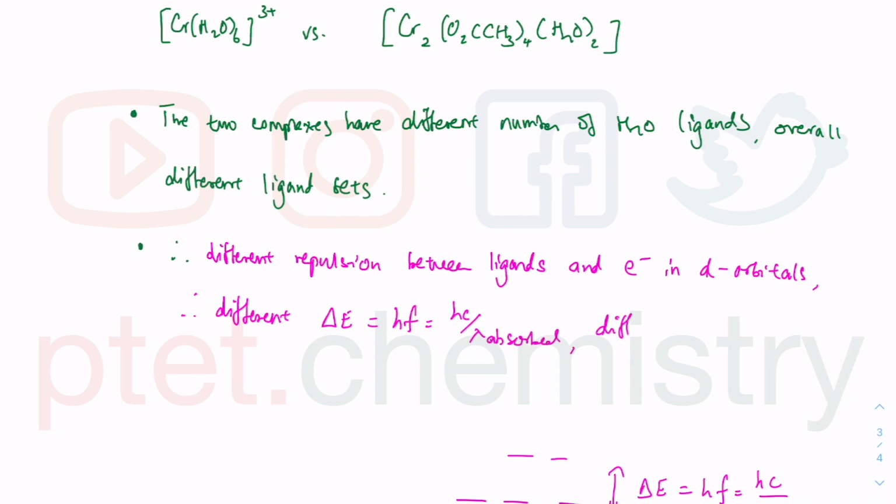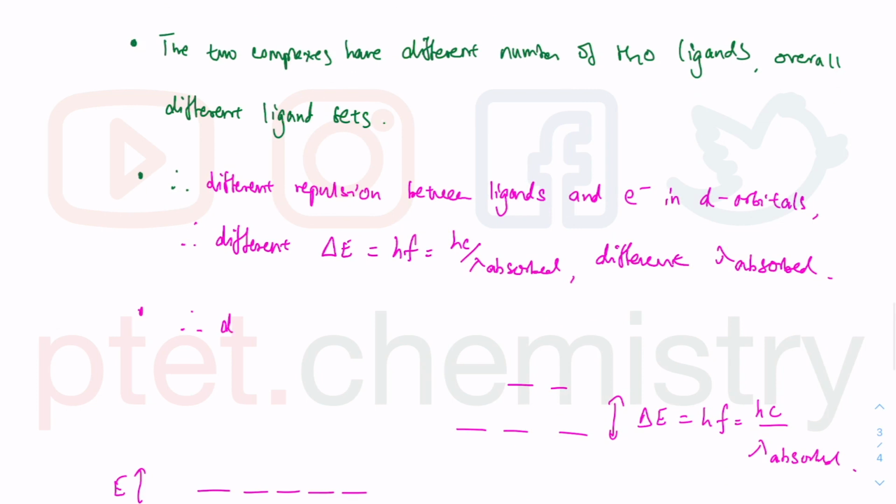That means a different lambda absorb for the visible light. If you absorb a different wavelength of the visible light, therefore we see a different complementary color. So this is very much waffling, but you still need to involve the right concept: different complementary colors observed.